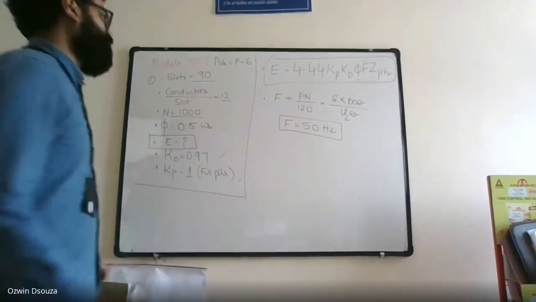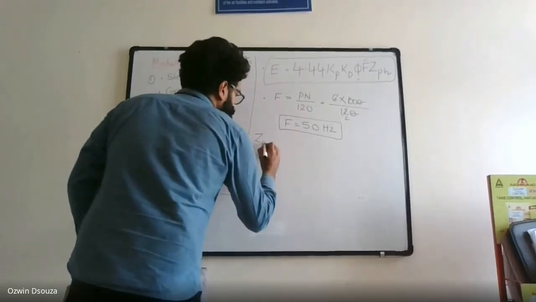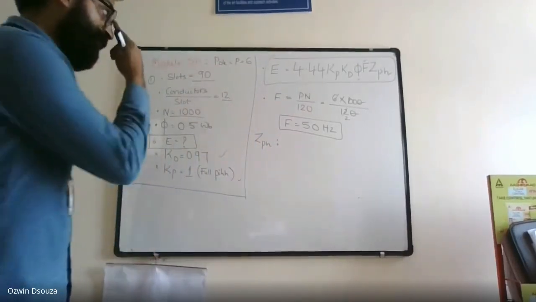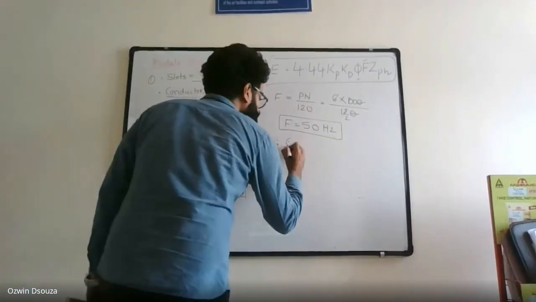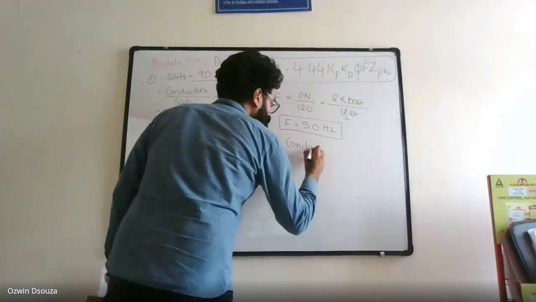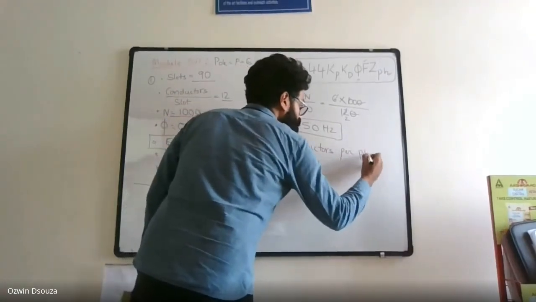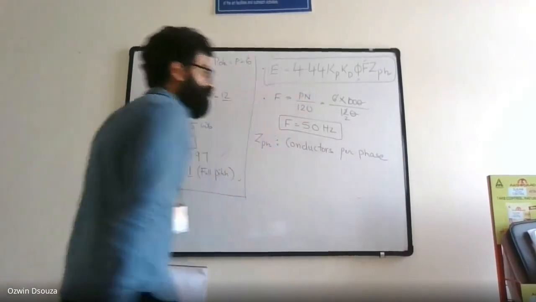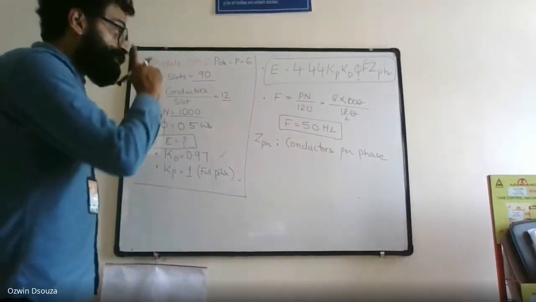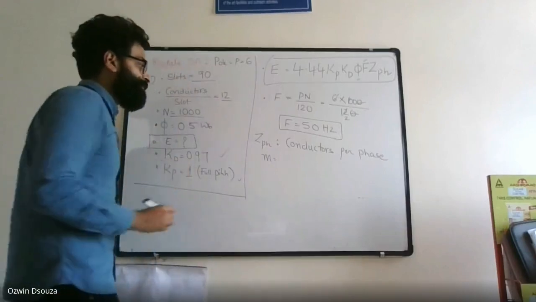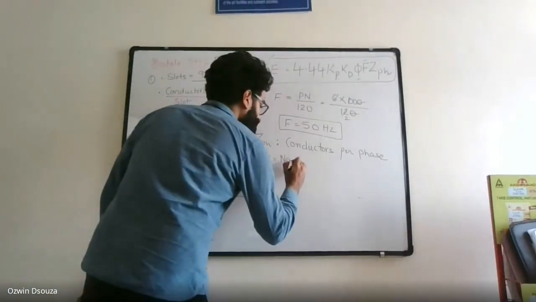What about Z phase? What do you understand when you hear this word Z phase? So Z phase is nothing but conductors per phase. So it's a three-phase alternator. So let's say M is equal to number of phases.